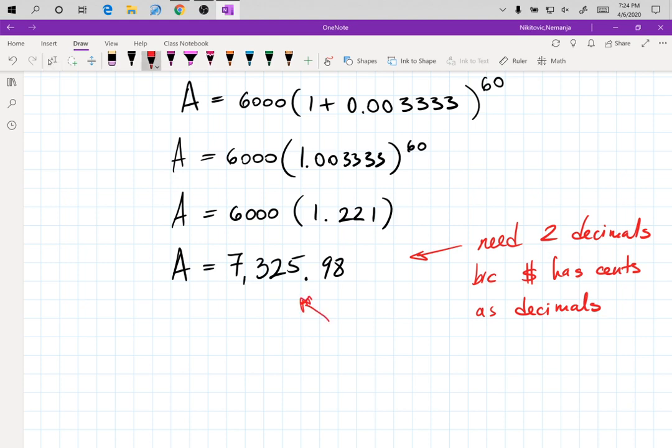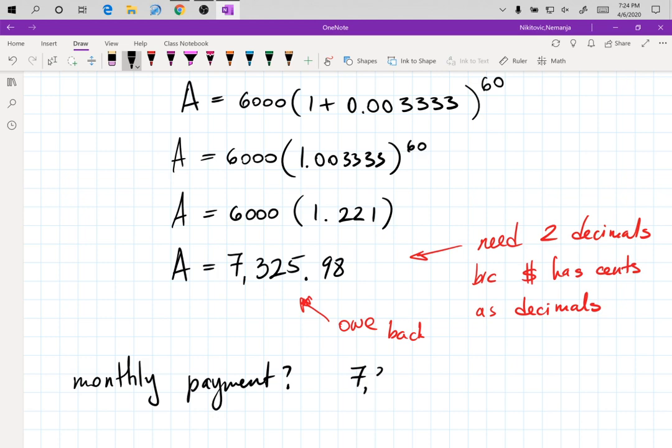All right. So this is how much we owe. This is what we owe back. So what's my monthly payment? It's going to be this divided by 60 months that we have to pay it back, right?